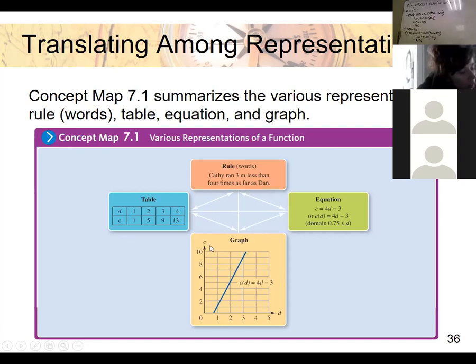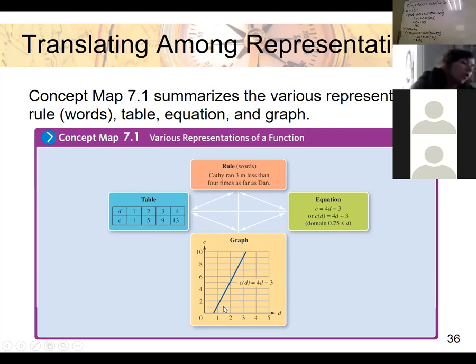And also, if you look at the bottom, you'll see that it can be represented as a graph. They probably took these data values here as ordered pairs and plotted them on a coordinate plane, like 1, 1, to the right 1 and up 1, and then 2, 5 will be to the right 2 and up 5.